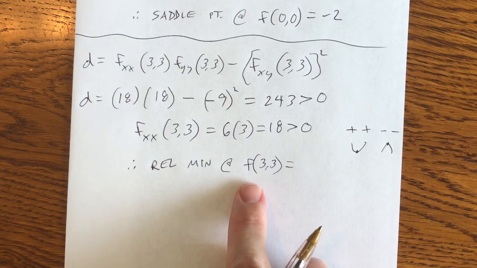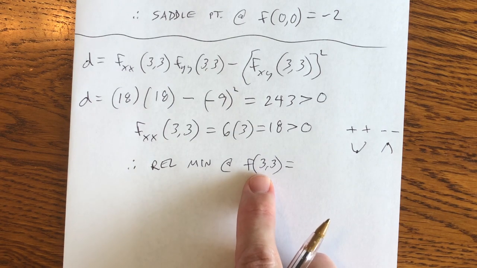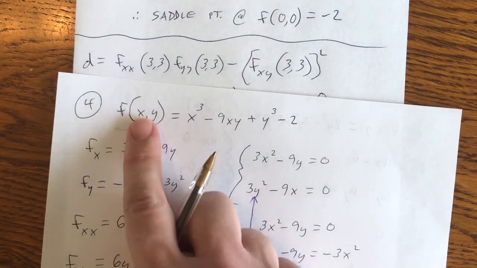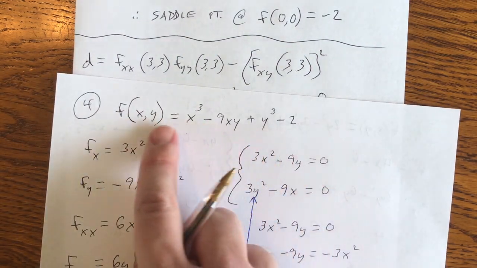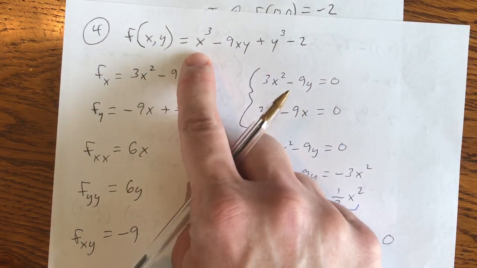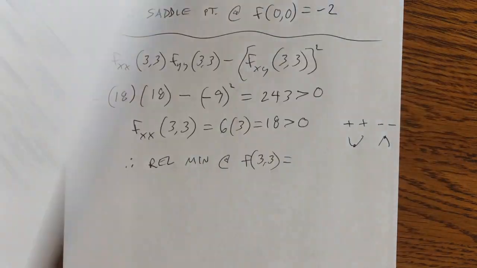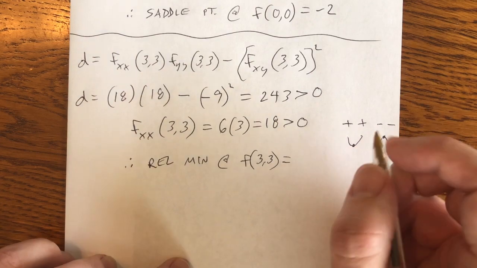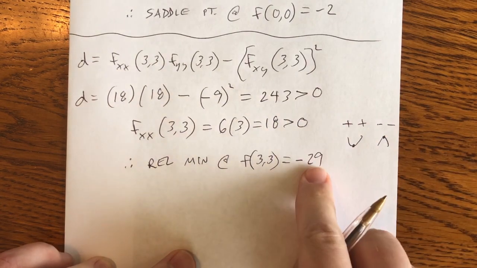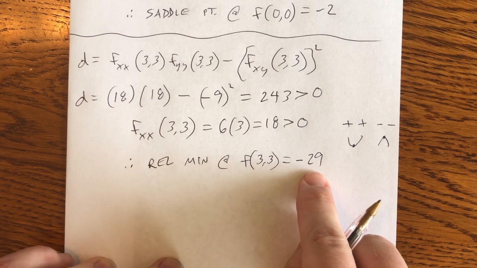Well, you have to plug this x value and this y value into your original function, right here. Every x is a 3, every y is a 3. If you do that correctly, you should get this minimum value. Negative 29 is actually the relative minimum.